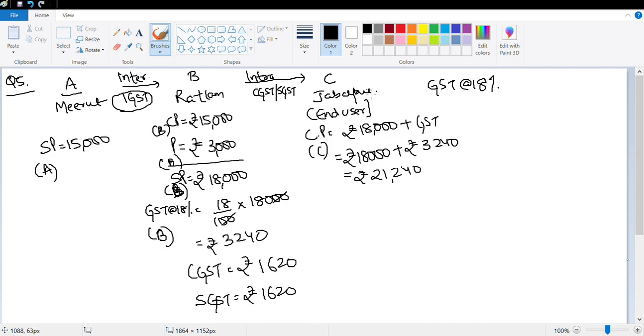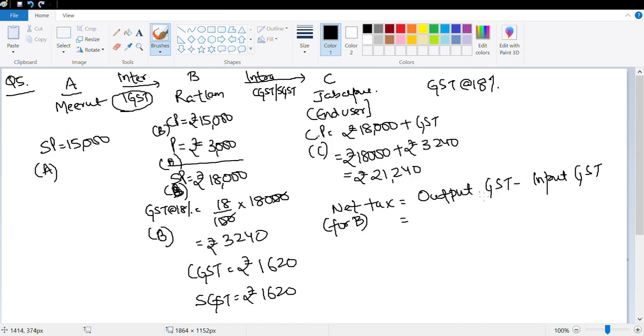Perfect. Net tax payable by dealer B. So we've talked about net tax is equal to output GST minus input GST. Now let's calculate this.